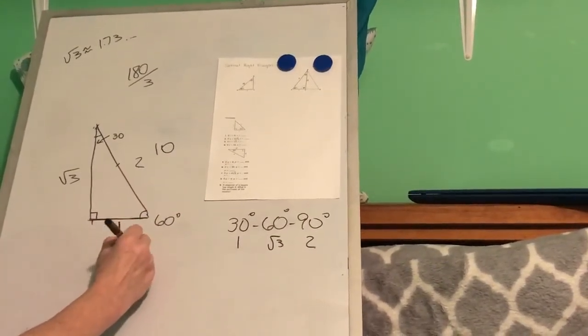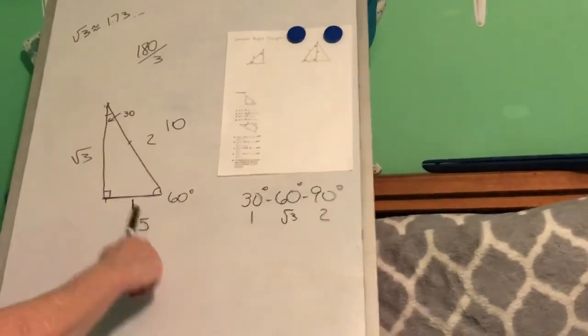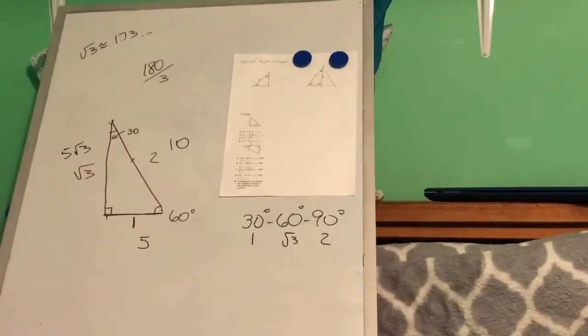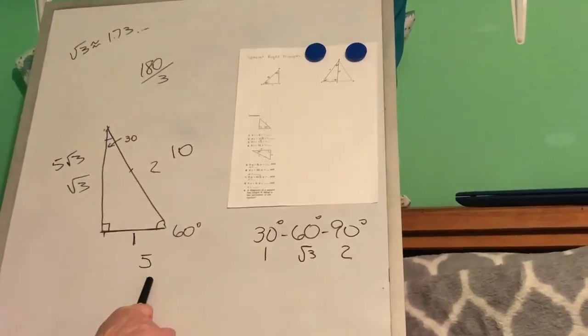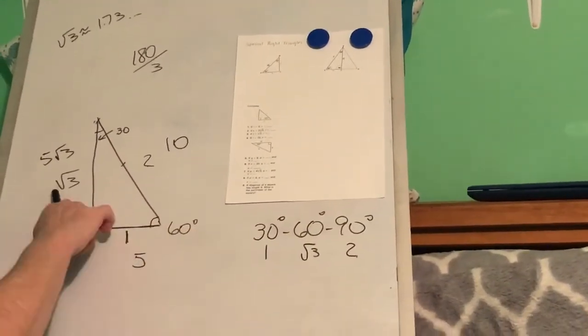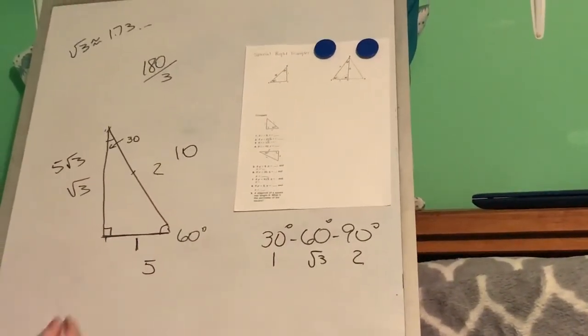So dividing by 2, I get 5. Now it's the same thing. Since I know the short leg, I'm still multiplying here. 5 square roots of 3. So you always have to be aware of which direction you're going. When you're coming from the short leg, we're going to multiply. If I'm coming from one of the other sides, I'm going to divide.